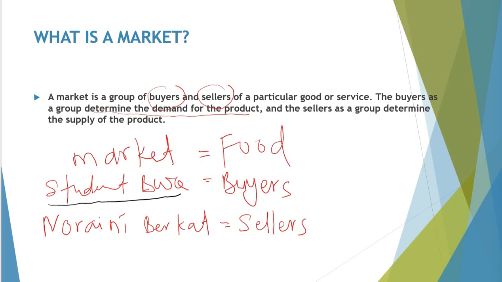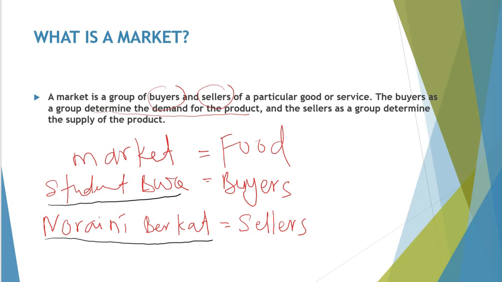So you akan tentukan makanan di campus, di cafe campus ni macam mana. Tinggi ke, rendah ke, maintain ke, you yang akan tentukan. So the seller in this case is Noraini, and the seller as a group determines the supply of the product.